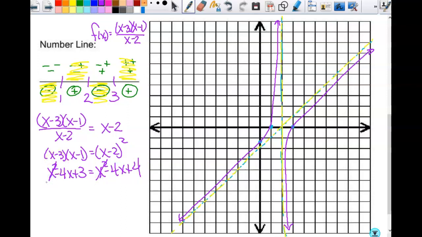When I add 4x to both sides, those zero out. So I end up with 3 equals 4. Is that ever going to happen? No. So does my function ever cross my asymptote? No, it does not. Okay? But you're not going to know that necessarily without checking, unless you just happen to get a random point that shows you that that's what's happening there. Okay? All right. Last one.